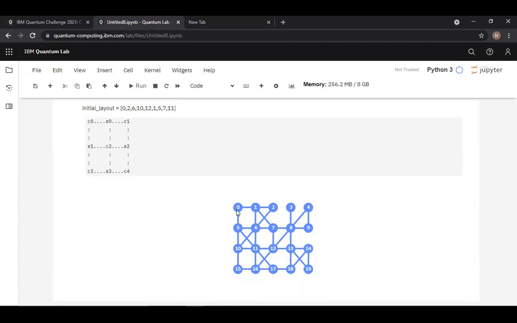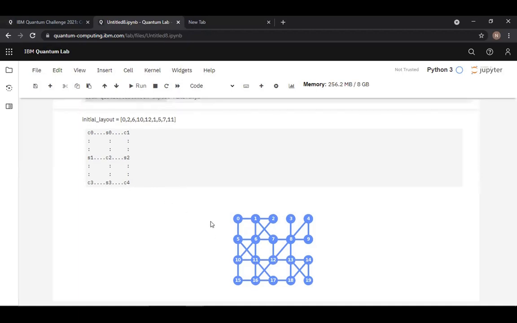So if I map, my 0 will be C0, 1 will be S0, 2 will be C1, 5 will be S1, 6 will be C2, 7 will be S2, my 10 will be C3, 11 will be S3, 12 will be C4.